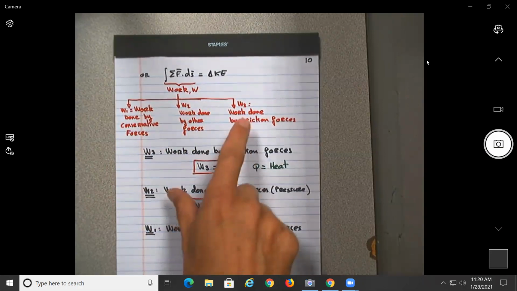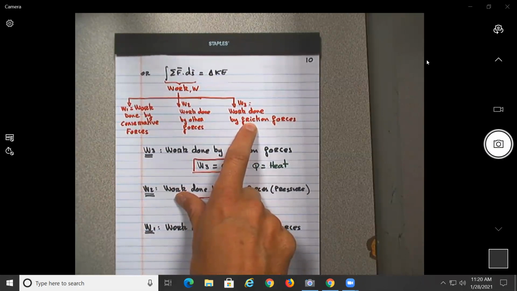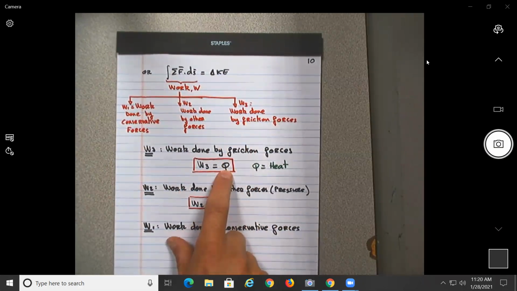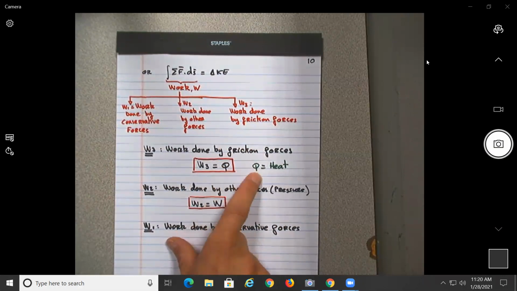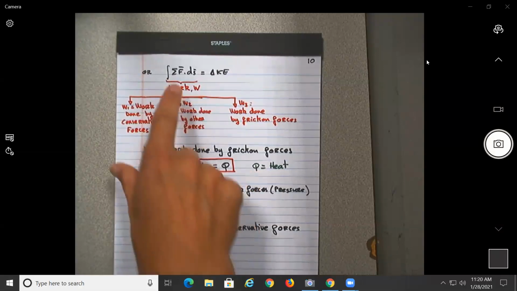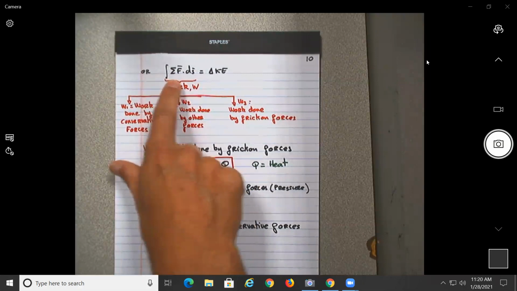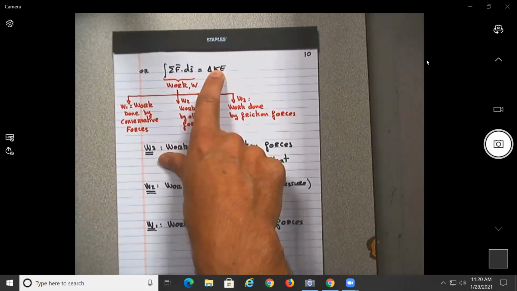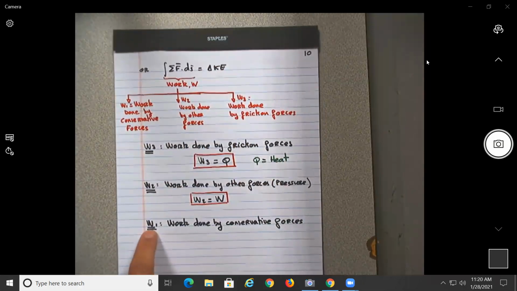And then the other one is the work done by friction, which we don't know how to calculate, but we know that when you have friction, you generate heat. So whatever work you created should be proportional to the amount of heat that is generated. All right? So this is the equation we have. Work equals change in kinetic energy. And we stop here for the work done by conservative forces.